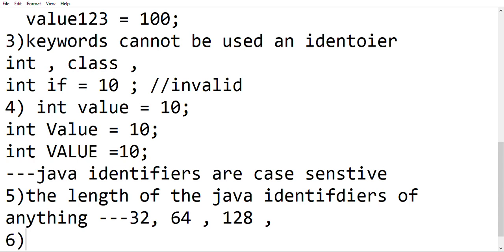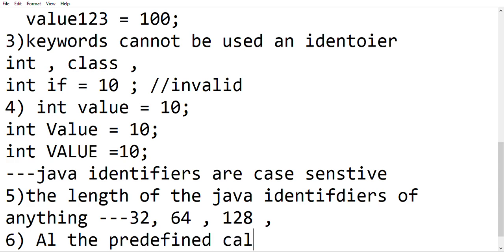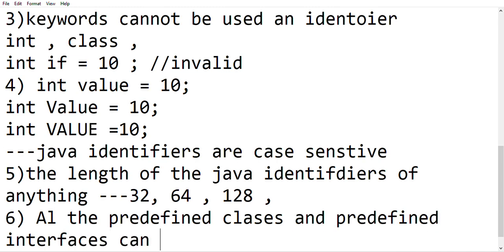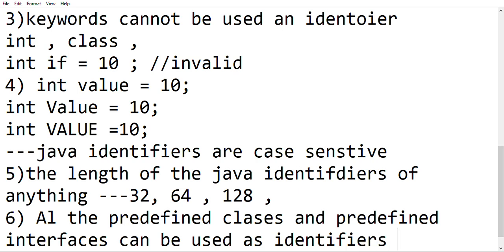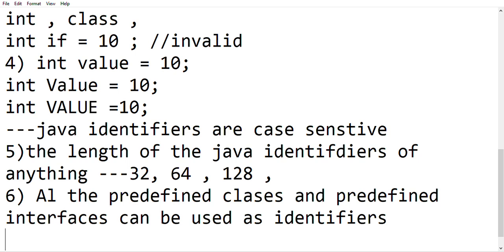And rule number 6 is that all the predefined classes and predefined interfaces can be used as identifiers. For example, among the predefined classes, int is a class, float is also a class.